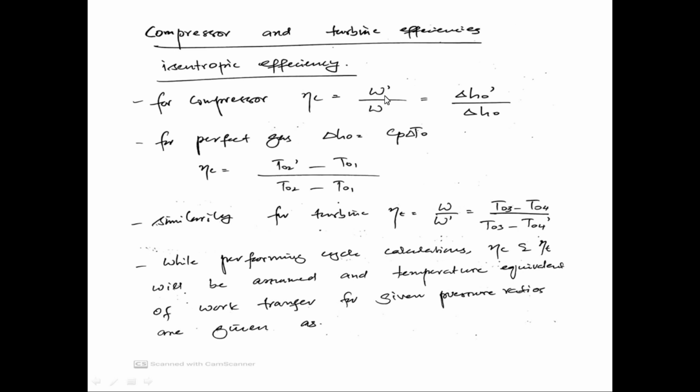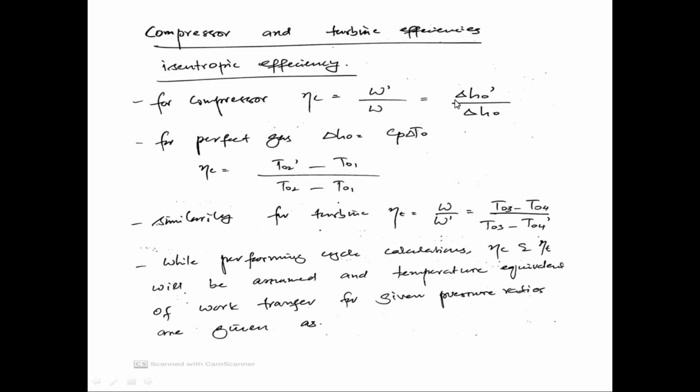In actuality, the work consumed will be higher because of the increase in the entropy, and isentropically the amount of work consumed by the compressor is lower. So we define the compressor efficiency as the ratio of the isentropic work consumed divided by the actual work consumed.